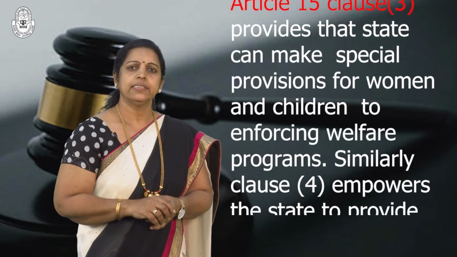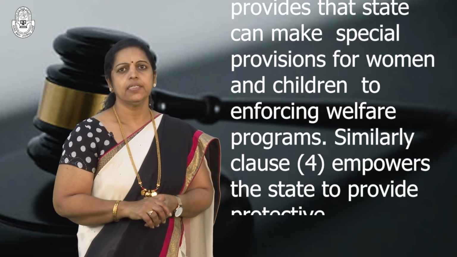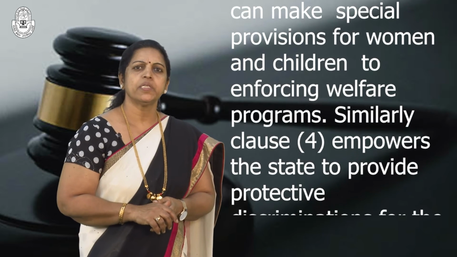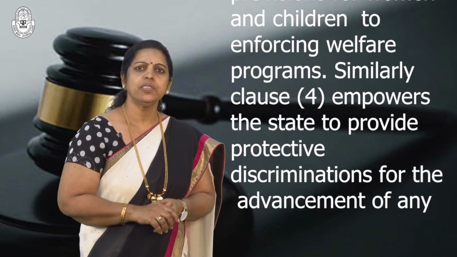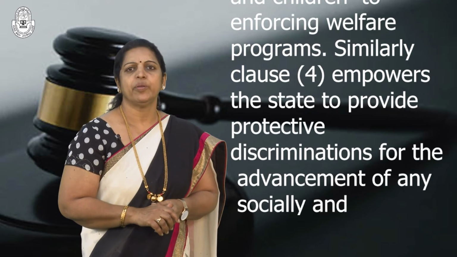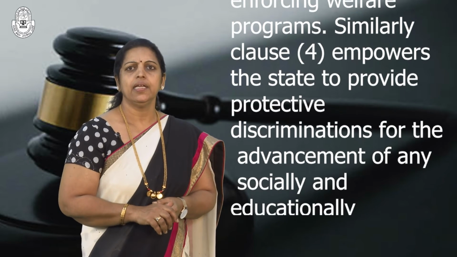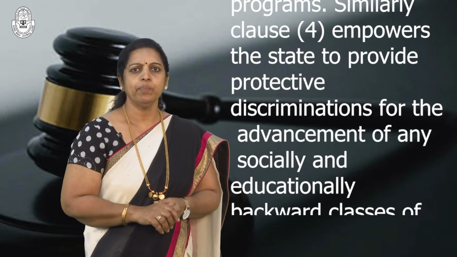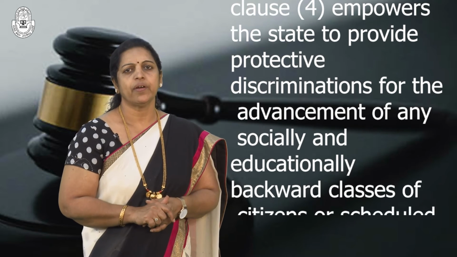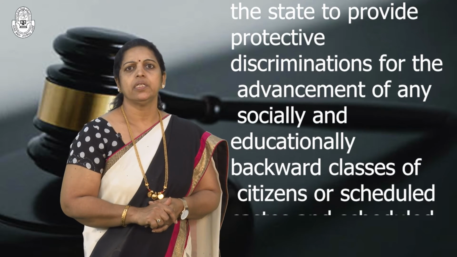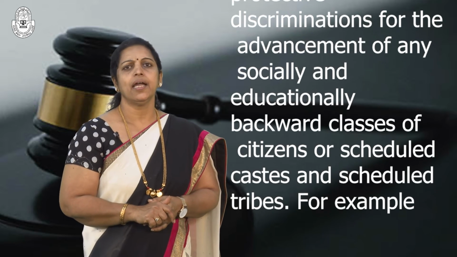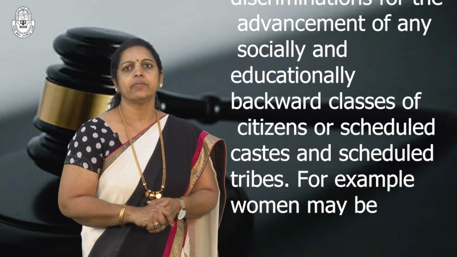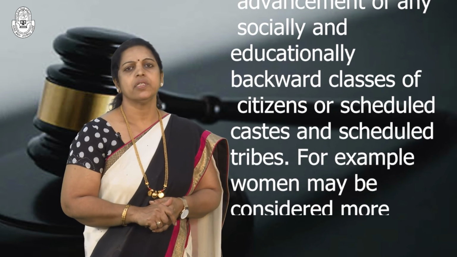Article 15, Clause 3 provides that the state can make special provision for women and children to enforce their welfare programs. Similarly, Clause 4 empowers the state to provide protective discrimination for the advancement of any socially and educationally backward classes of citizens.